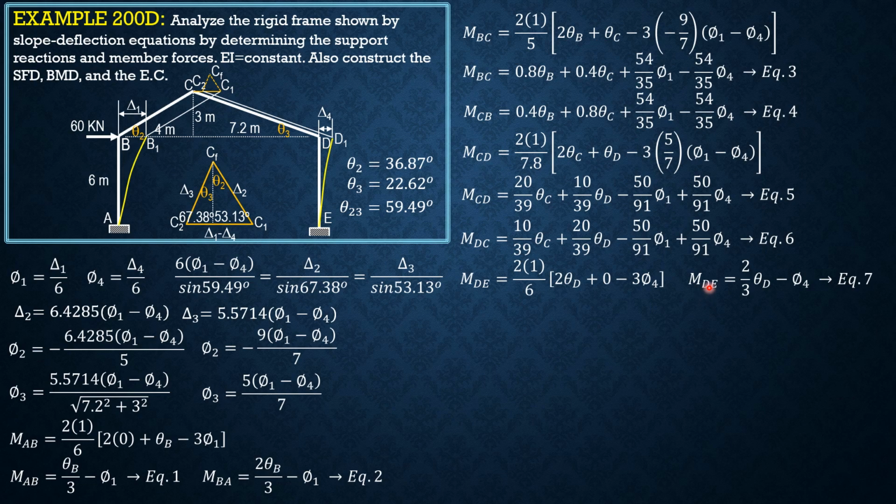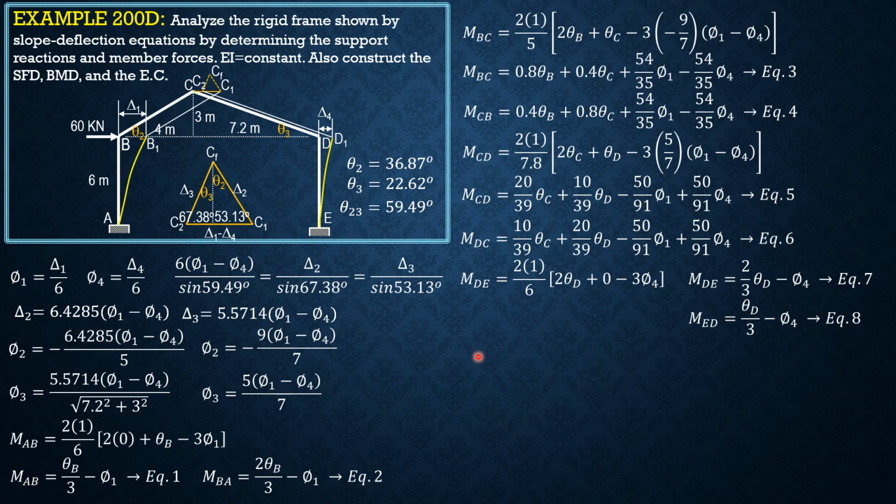Therefore MED is 1/3 of theta D minus P sub 4. 2 times theta E, but theta E is 0, so plus theta D, so MED is theta D over 3 minus P sub 4, equation 8.